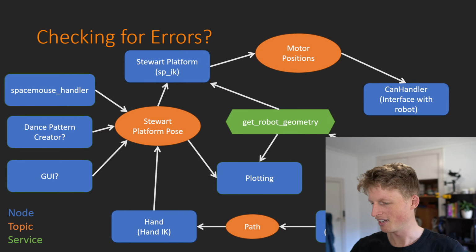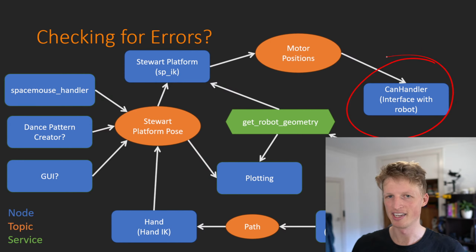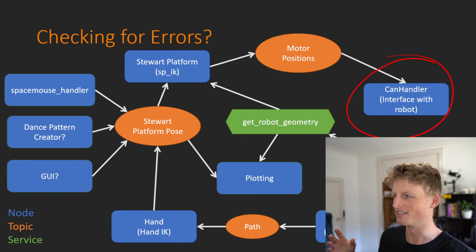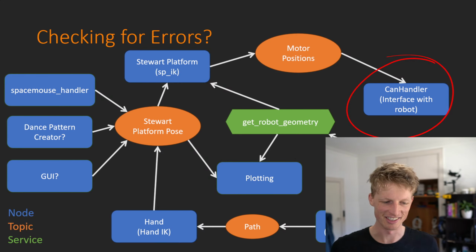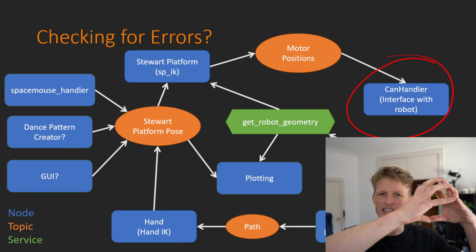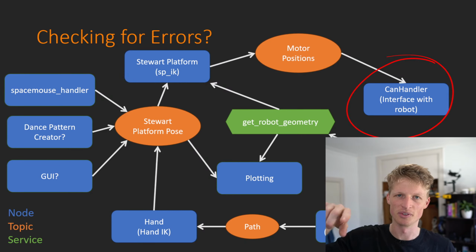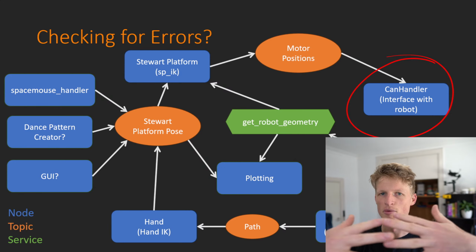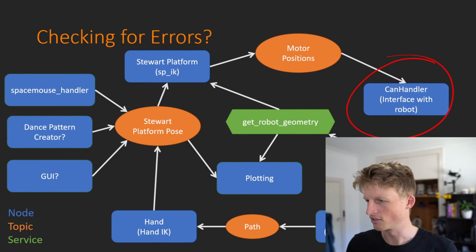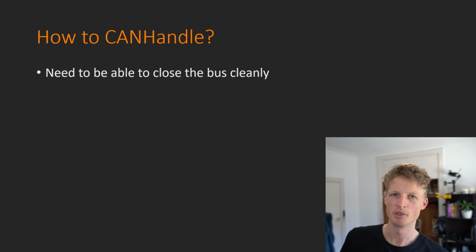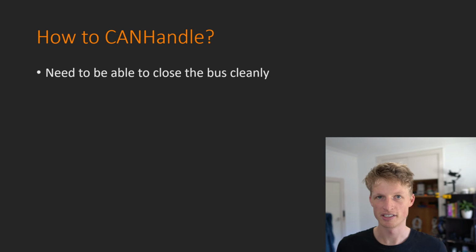And the next one was how to do the CanHandler node, because it wasn't trivial to think about. I've got this ROS network over here that's doing all the computation and everything, and then I've got this CAN bus over here that's doing the actual communication with the robot, and merging the two was not super trivial, because I really want to be able to close the CAN bus cleanly.